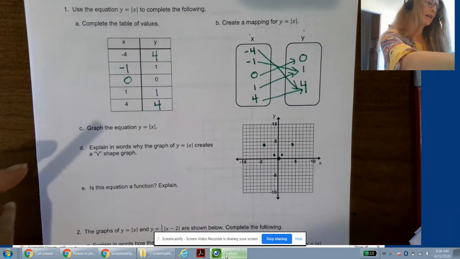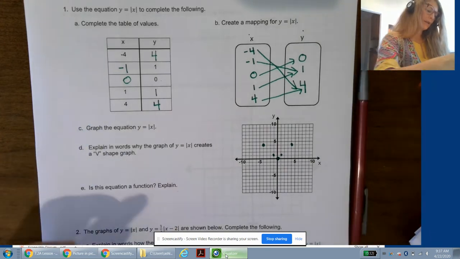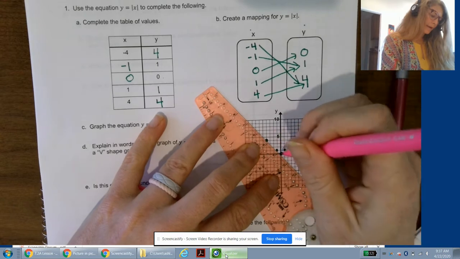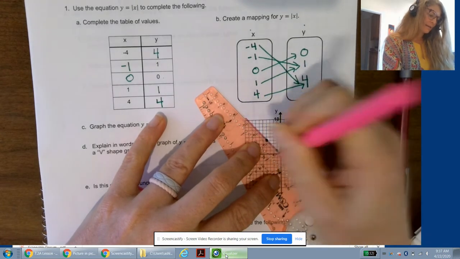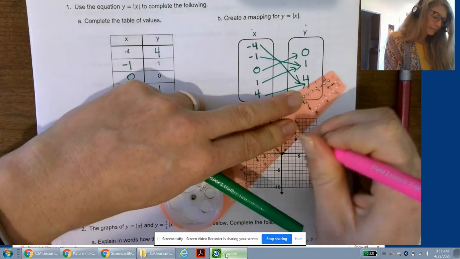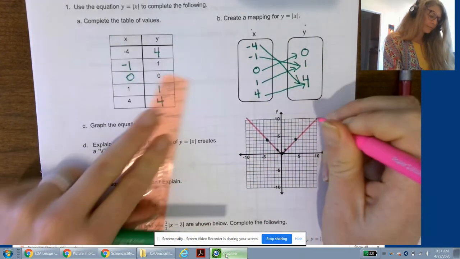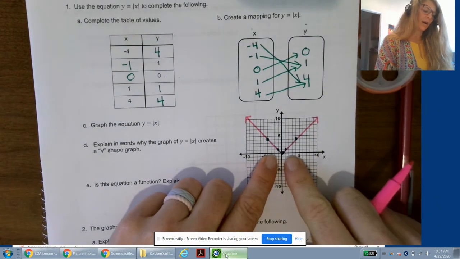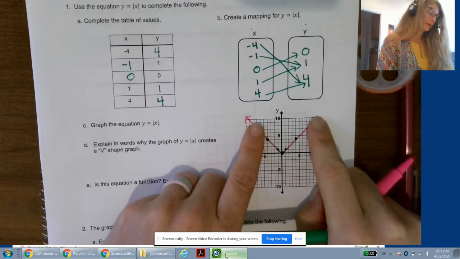So if we take a look at this, let me use my straight edge here. We notice we have this symmetrical shape that looks like a V, where every input and its opposite have an equal output.